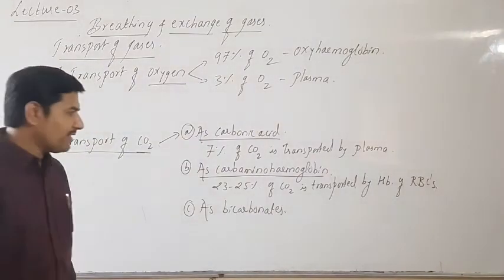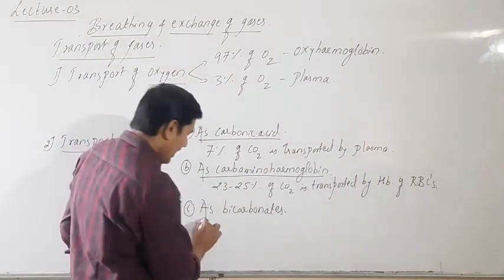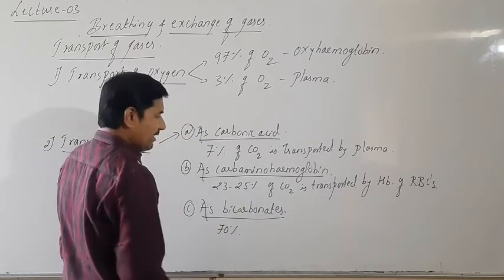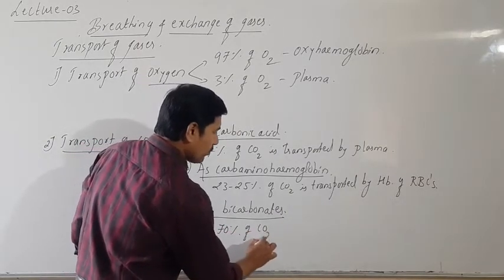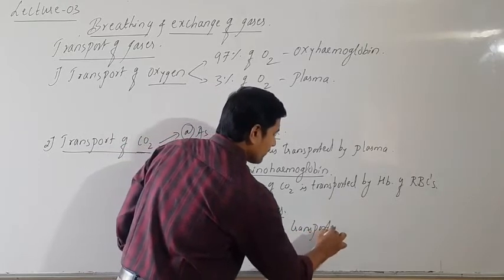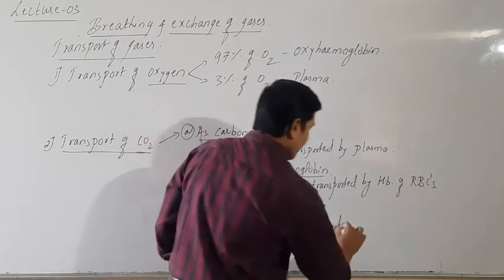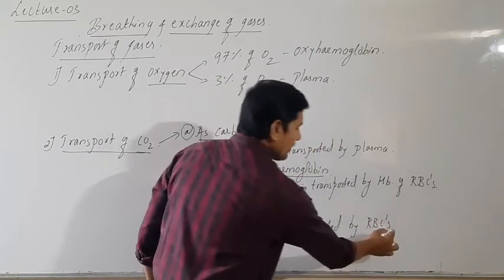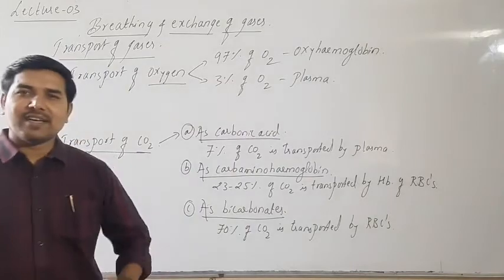And as bicarbonates, the major part, around 70% of CO2, is transported by RBCs. Okay, so this is how the gases are transported.